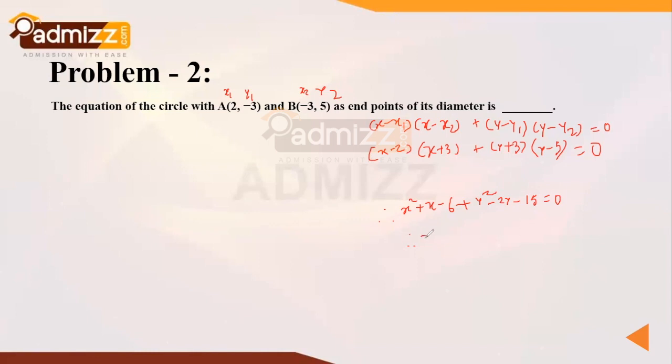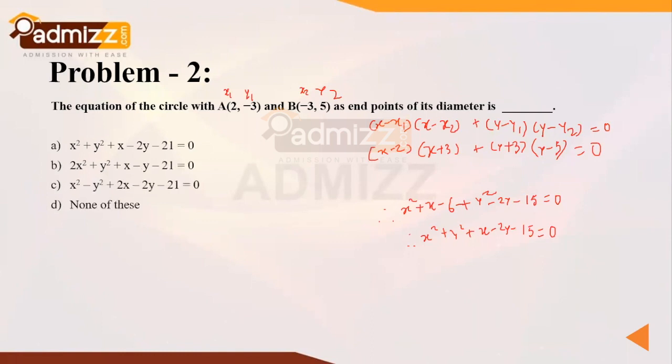Therefore x square plus y square plus x minus 2y minus 15 equals 0. This is the equation of our required circle. Let's have a look at the options which are provided. Amongst the given 4 options, we need to check which option is the best fit, and definitely it's option A according to our obtained result.